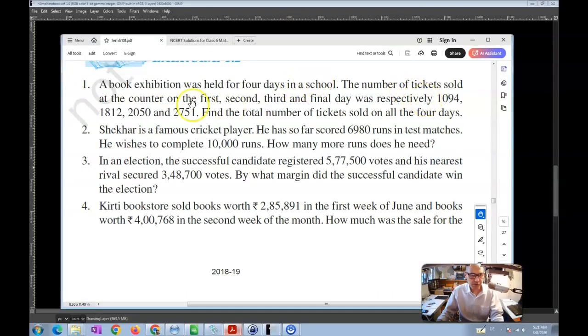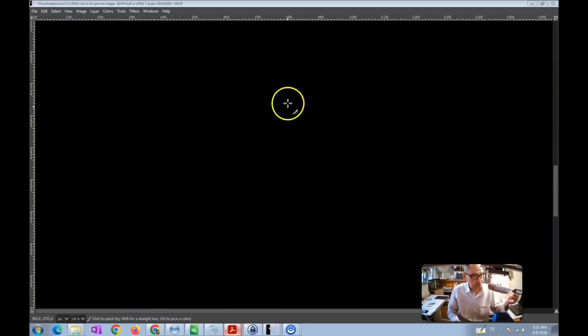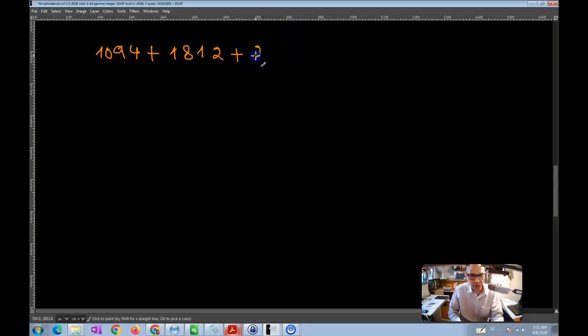Basically you have 1,094, so all of these 4 numbers you would write 1,094 plus 1,812 plus 2,050 plus 2,751, and then you would write the sum over here. That's one way to write it.